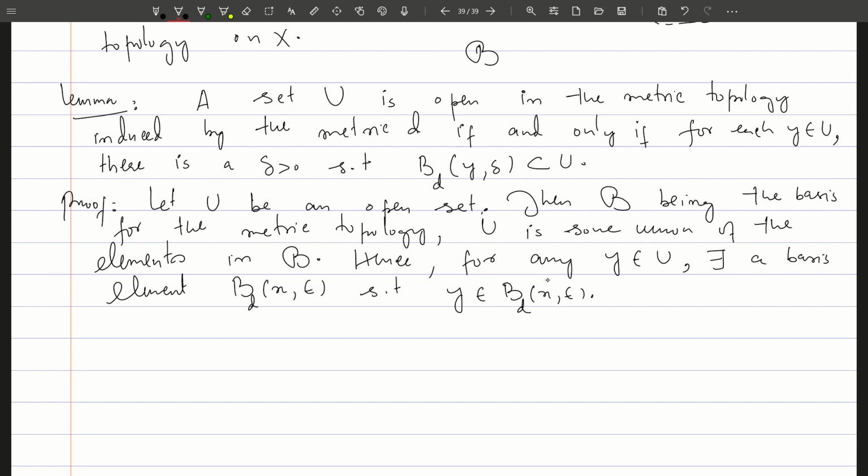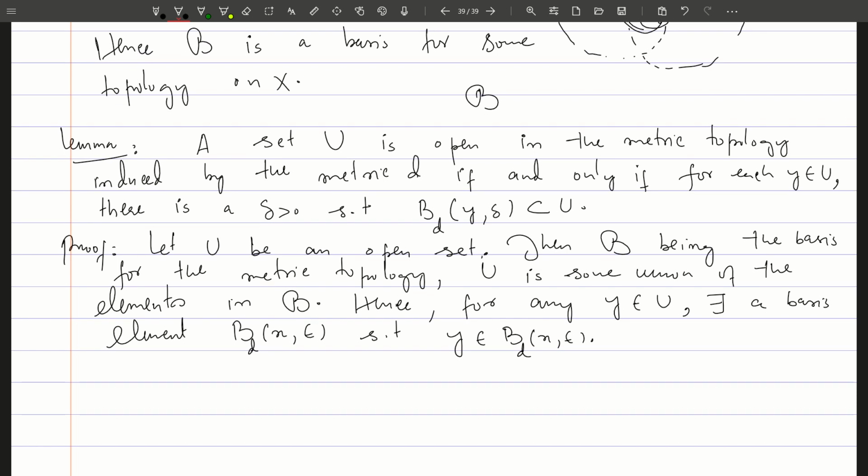Now using what we proved above, if we have a ball B(x, epsilon), then for any point y in this ball we have another ball centered at y and radius delta, where delta is the difference of epsilon and the distance between x and y.